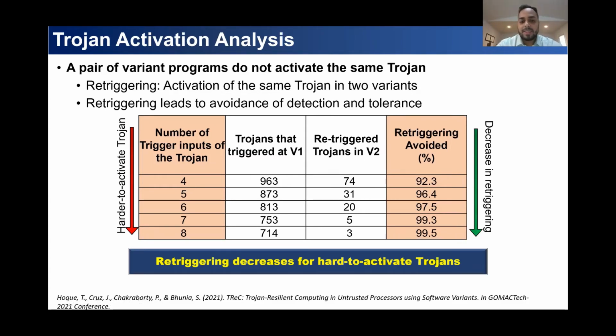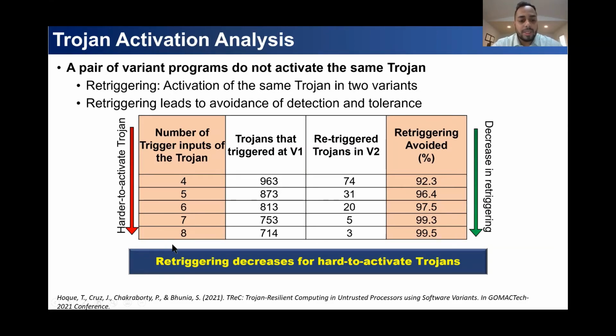That means that if there was a Trojan in that trigger condition, only a few of them would have re-triggered. And unless a Trojan re-triggers in multiple variants, it is likely to produce a correct output. We repeated this experiment for larger Trojan inputs. For 8 inputs, it means that it's harder to activate the Trojan.